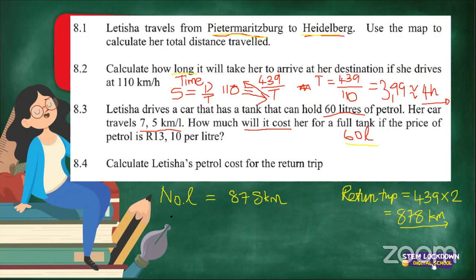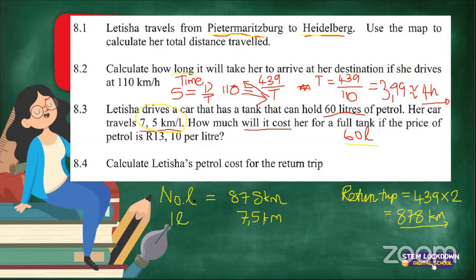If the car consumes 1 liter, it travels a distance of 7.5 kilometers. I'm using these two because I want to know my liters. The 1 liter comes from the consumption rate, and 7.5 comes from the distance the car travels for every liter.